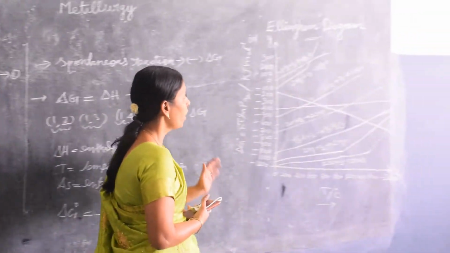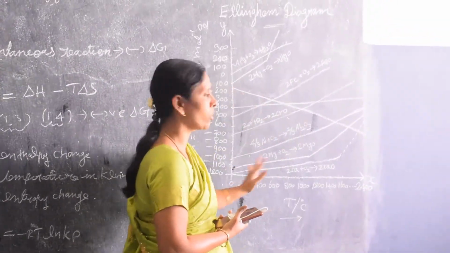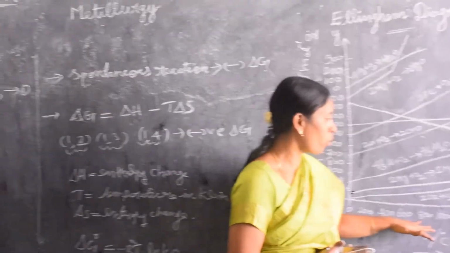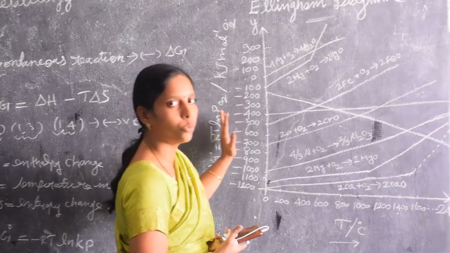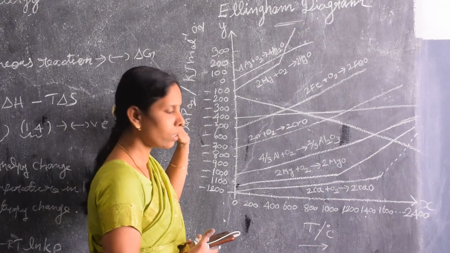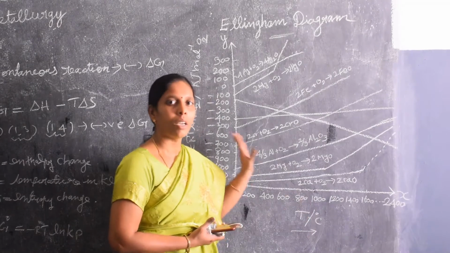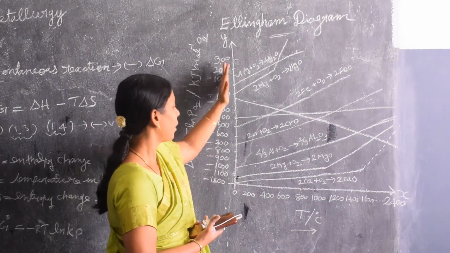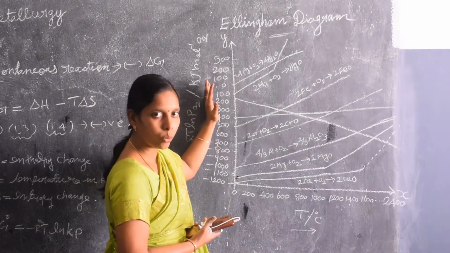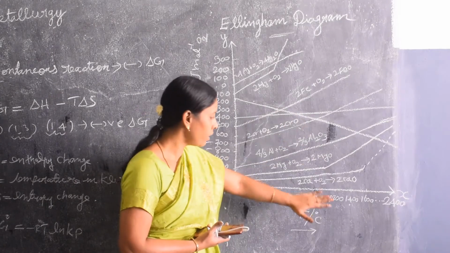Now the Ellingham diagram is the graphical representation of the variation of the delta G value for the formation of metal oxides with the temperature.